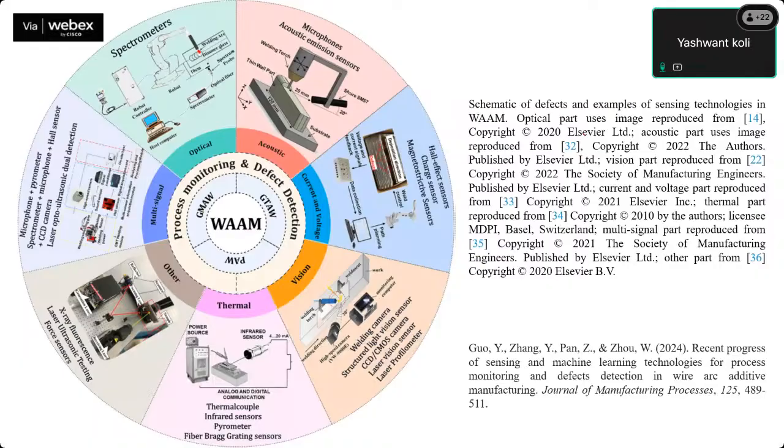Geometry irregularities are the major problem in WAM because when we are putting the bead profile layer by layer, the side wall will have higher surface roughness. So we have to do machining for the WAM components because we can't have a near net shape product.